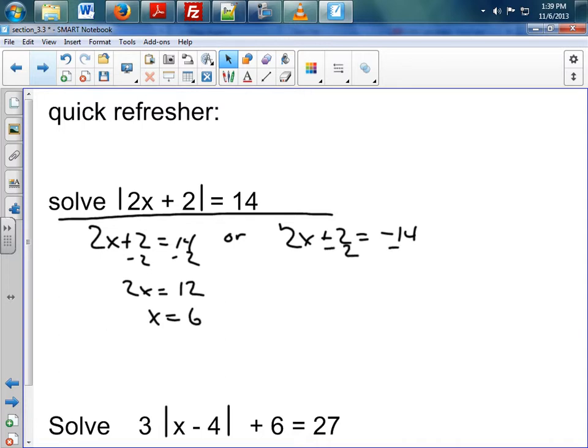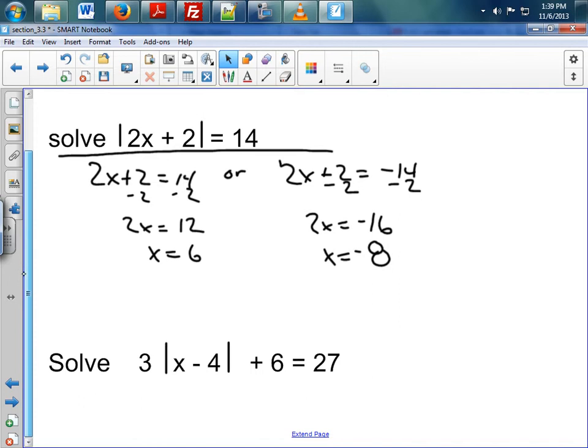Solve this one. Okay? Remember we did those? This is what we did in Algebra 2. So this is an Algebra 3 class, so we got to kick it up a little bit. I want you to solve that one.